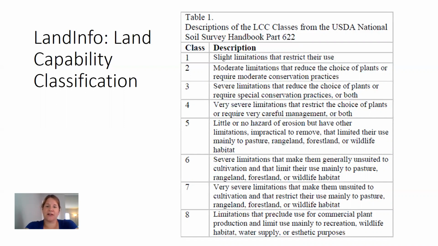Class 1 is basically, great, go ahead, farm the land. And then class 5 through 8 is land that really shouldn't be farmed and instead should be used for something else, whether that be as rangeland for livestock or as conservation land for wildlife.